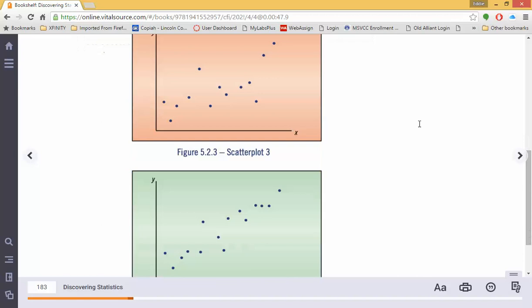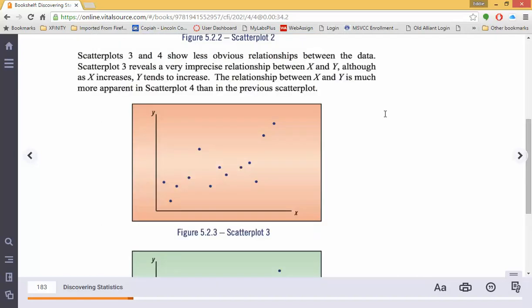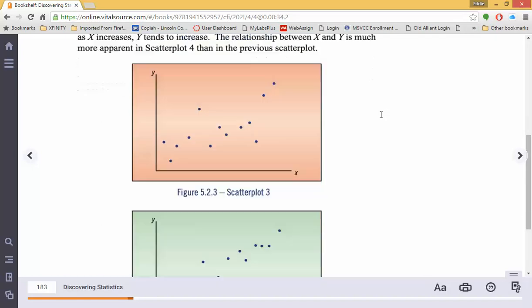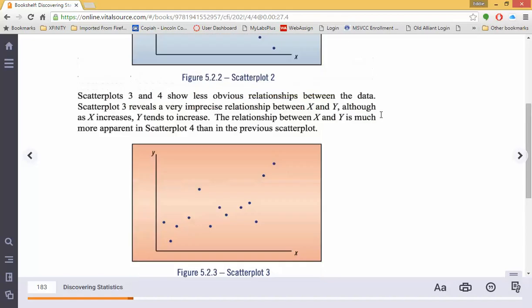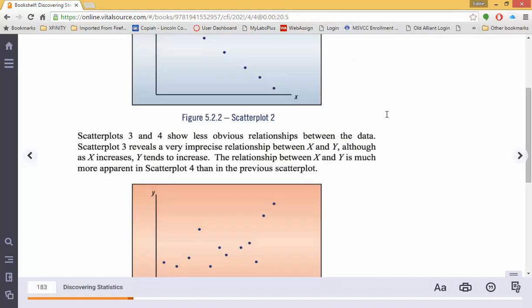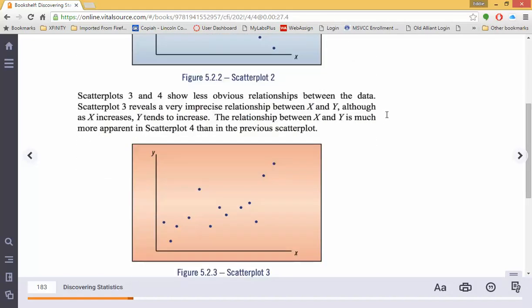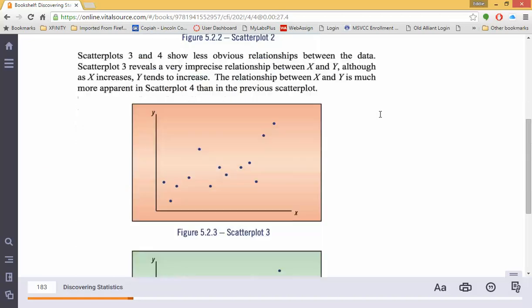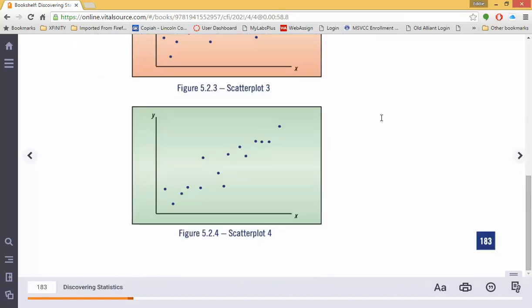There are a few other examples in your book that you really can't tell, especially on scatter plot 3, it really doesn't look like much of a relationship. But 4, this one here, they're grouped up a little closer, so we could draw some line here and kind of predict.